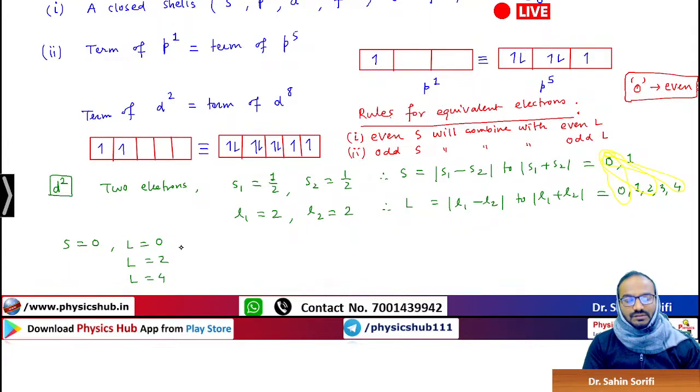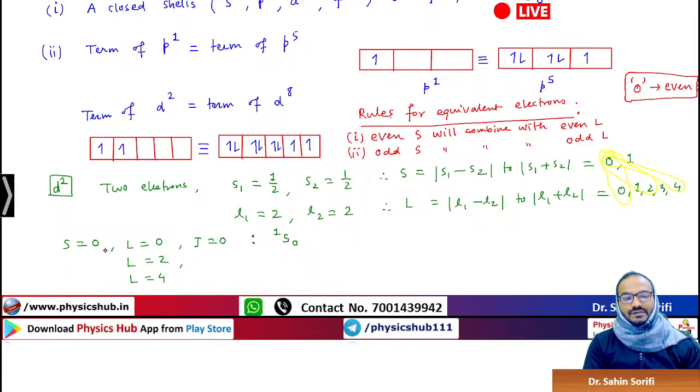S equal to 0, L equal to 0, so J is equal to 0. What will be the corresponding term? 2S plus 1, so 2 into 0 plus 1 is 1, then L equal to 0 is S and J is 0: 1S0.